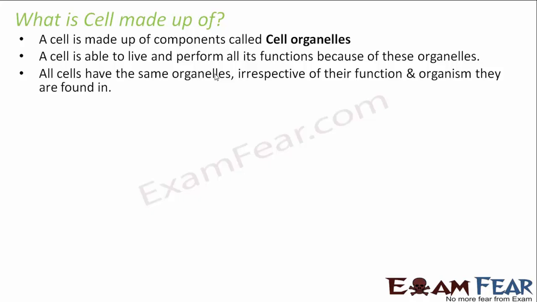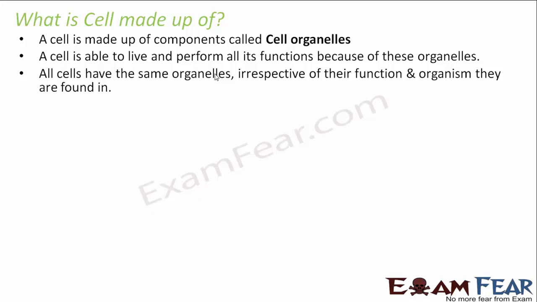The cell organelles will remain the same in both cases, whether it is a cell inside an elephant's body or a cell inside a human's body. So the structure of a cell basically remains more or less the same in all organisms, right?